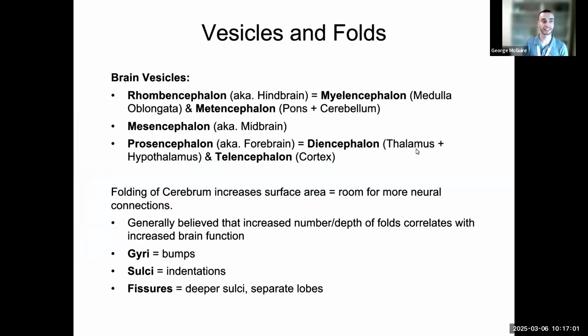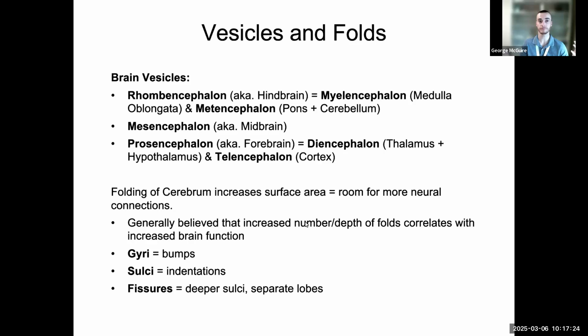And so those terms are further explained here with the brain vesicles, but we also have terms referring to those folds and valleys, those peaks and valleys that we see showing up in our brain structures. So some terms to look out for are going to be the gyri, sulci, and fissures. Or the singular version would be a single gyrus, a single sulcus, and a single fissure.